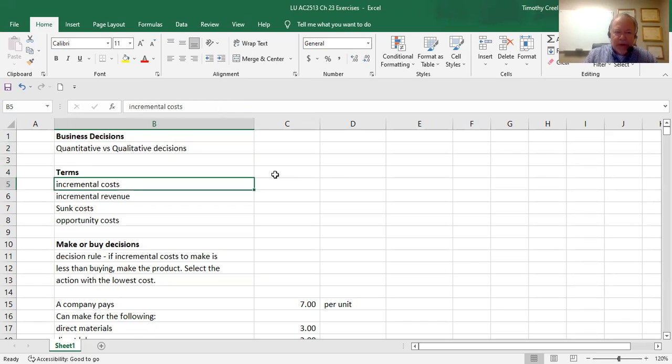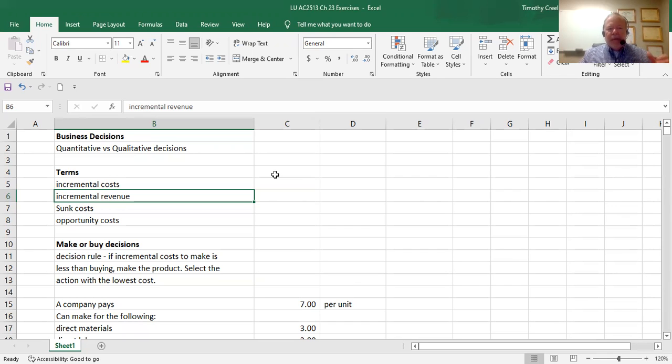Going to start with a couple of terms. One is incremental costs and incremental revenues. What these are are the costs and revenues that are specifically related to a particular objective or a particular alternative. When you're making a business decision, you really want to view what costs or revenues are particular to a certain decision or a certain alternative.